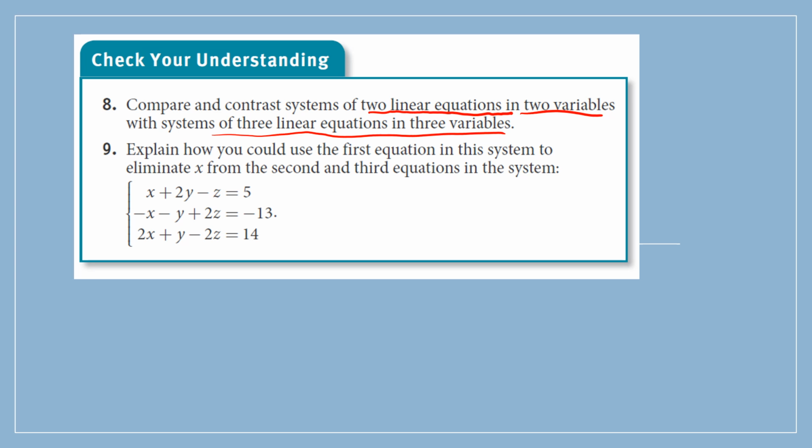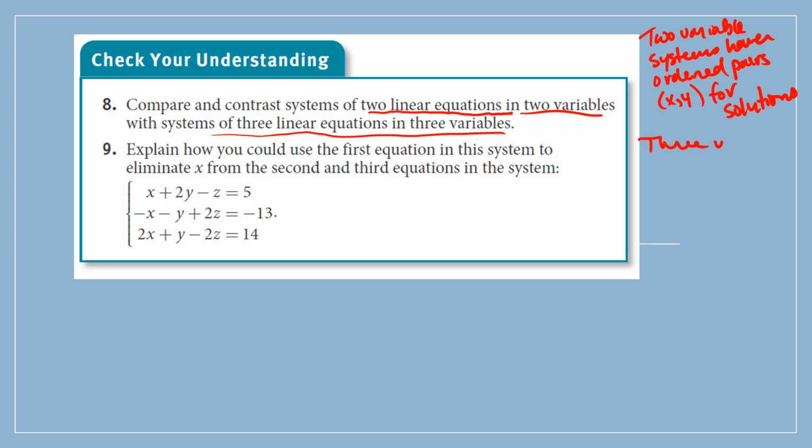So basically, two variable systems have ordered pairs for solutions, right? Remember? And three variable systems will have ordered triples.